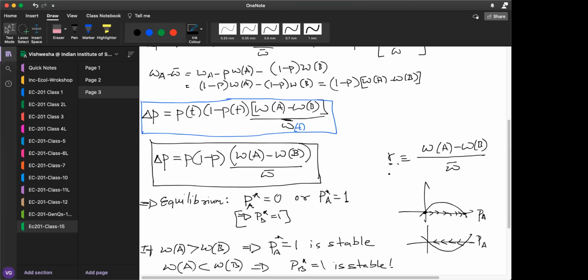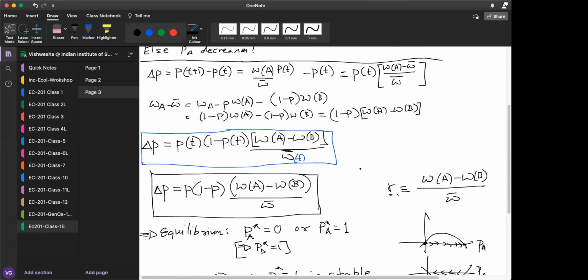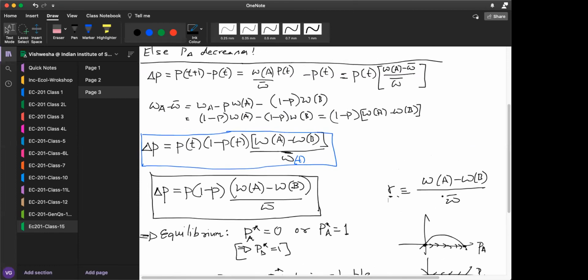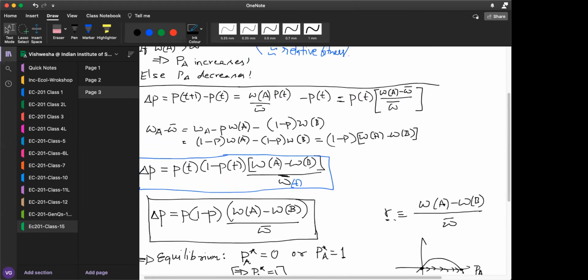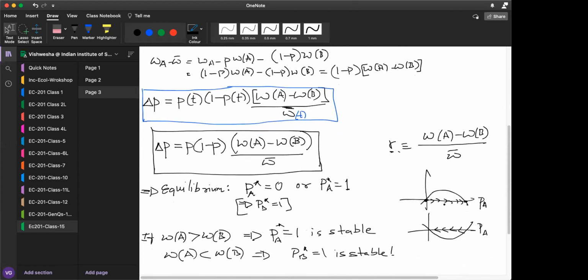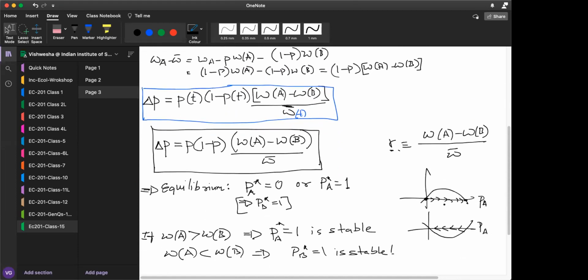Okay. And do you expect R to change sign? When do you think R will change sign? The sign of R will be dependent only on the numerator, right? And does the denominator contribute to the sign of R? It doesn't. It's always positive. It's always positive, right? So only the numerator will. So as long as omega A is greater than omega B, then we can make some statements.